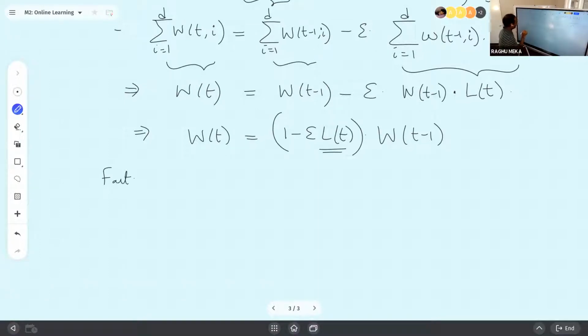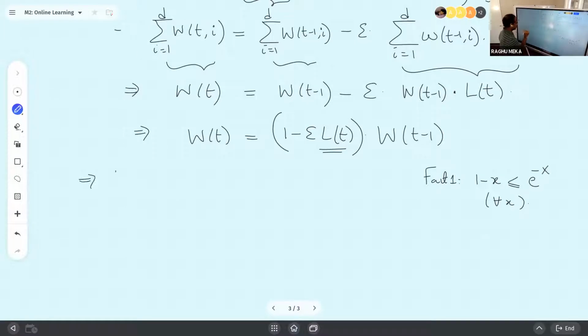So here's a simple fact. Fact 1: 1 minus x is less than or equal to e to the minus x for all x. For any real number, 1 minus x is at most e to the minus x. Okay?